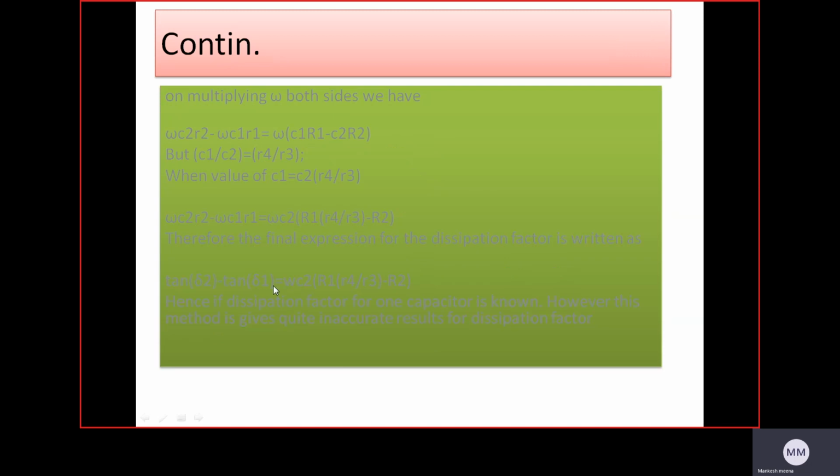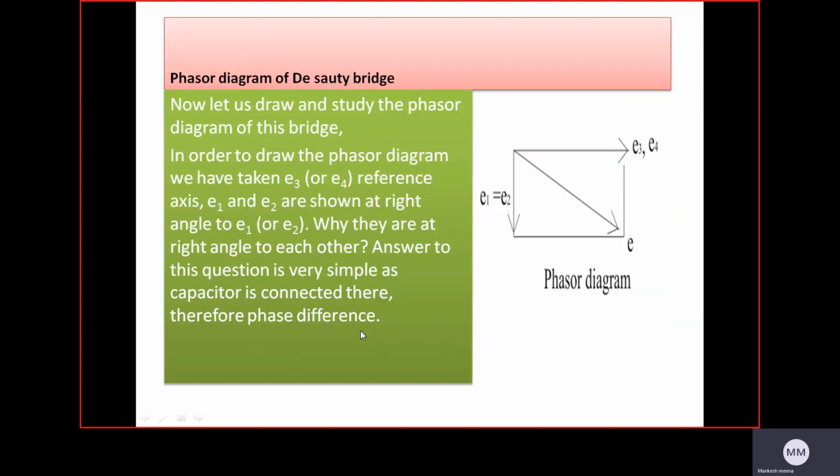Putting these in, tan delta 2 minus tan delta 1 equals omega C2 times R1 r4 upon r3 minus r2. This is the dissipation factor of the bridge. Hence, if the dissipation factor for one capacitor is known, we can find the other; however, this method gives quite inaccurate results for the dissipation factor.